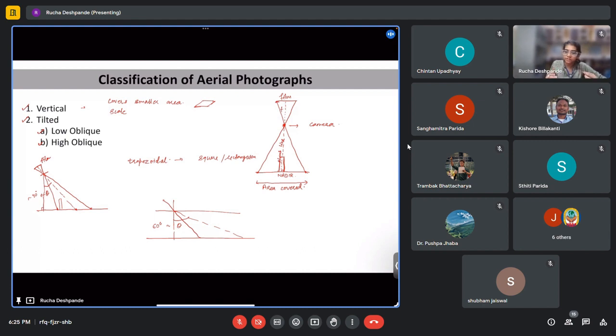The major difference from low oblique is that in this figure, the horizon would be visible. Also, the high oblique photograph would cover a larger area. So this is the classification of aerial photographs.